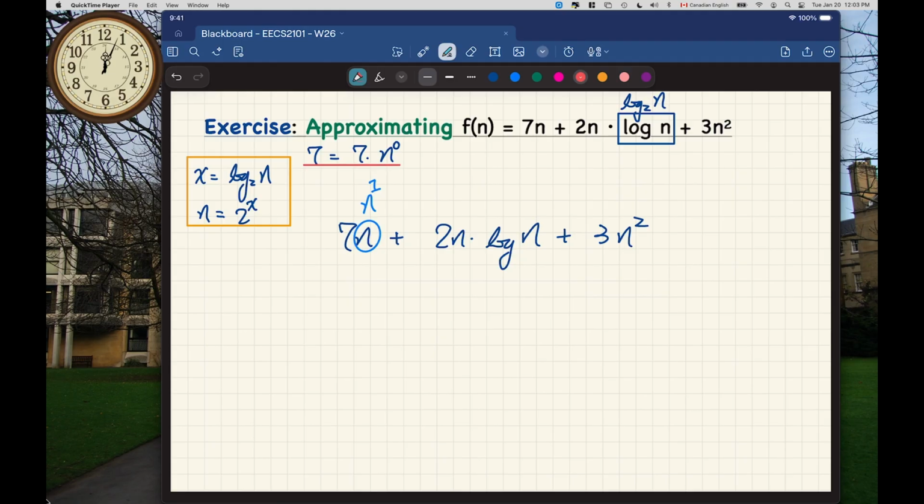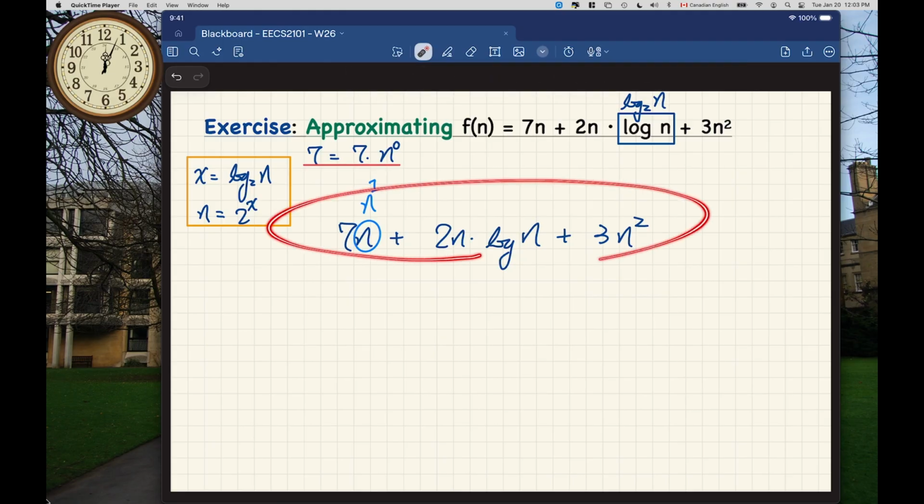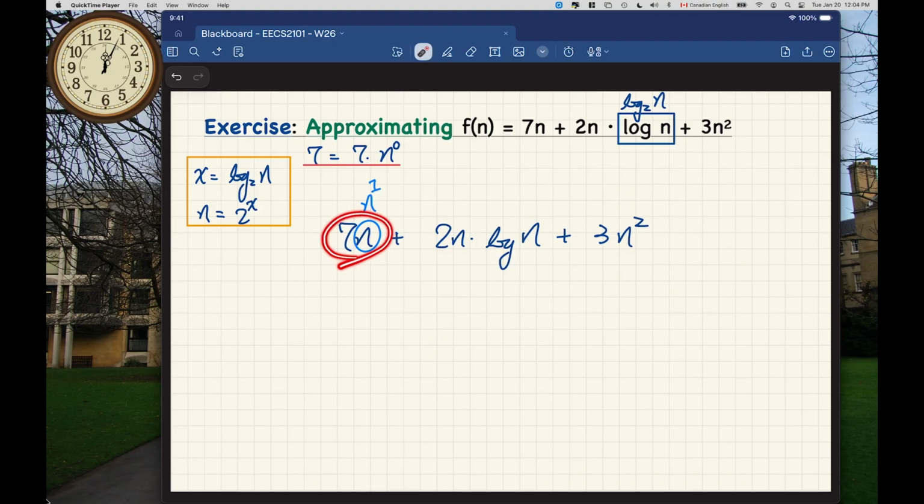Okay, let's now consider this one here. Typically, if you're given a running time function, a relative running time function like this, the first thing to do is identify the highest power. For example, you can see that the highest power cannot be this one here because 1 here is strictly less than 2 over here.